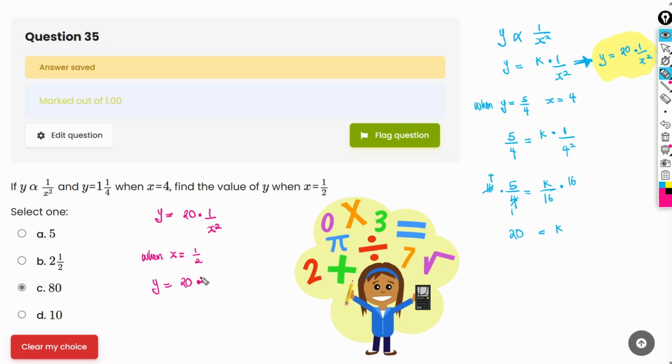Let me just change this to 20 divided by half squared, because I don't like to do a fraction with a fraction, so I can see exactly what I'm doing. So this will become y is equal to 20 divided by 1 over 4. So y is equal to 20 times 4 over 1. All right, so y is 80.